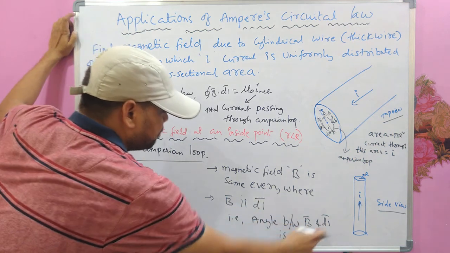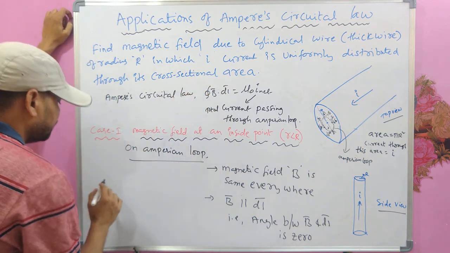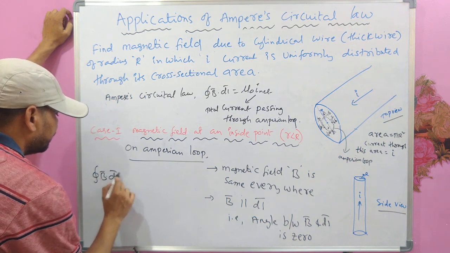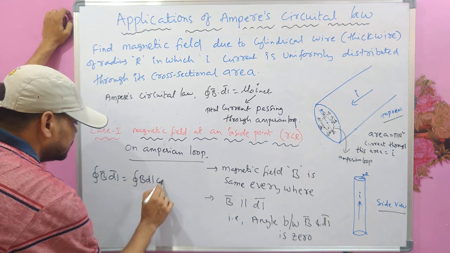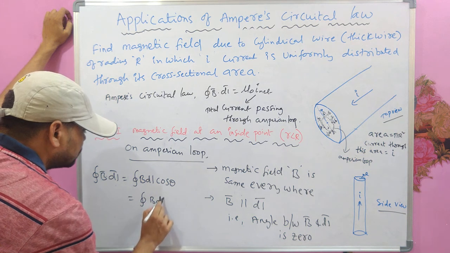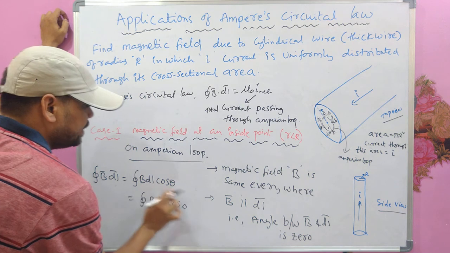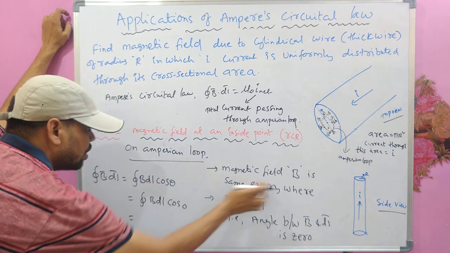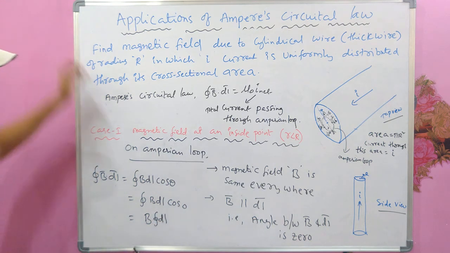So if the angle between B and DL is 0, from this Ampere circuital law, what will be on the left hand side? That is integral B dot DL. I can write this as B DL cos theta, B DL cos 0 for this case, because the angle between B and DL is 0, and B is constant, so B is taken outside.